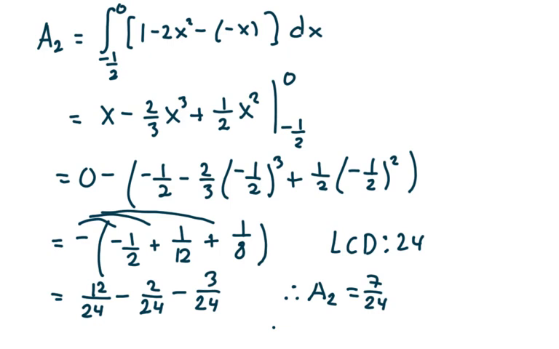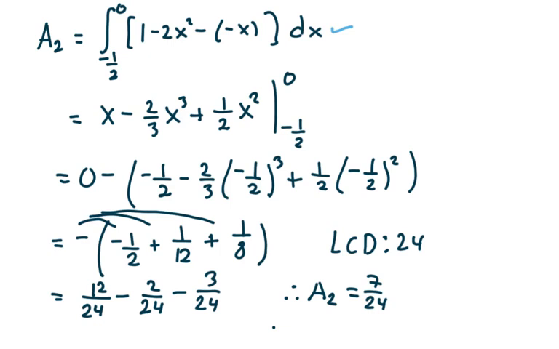Now, to calculate A2, I'm going to integrate from negative 1/2 to 0 of 1 minus 2x squared minus negative x dx. But same game, I'm going to take x minus 2/3 x cubed plus 1/2 x squared, and I'm going to evaluate from negative 1/2 to 0.